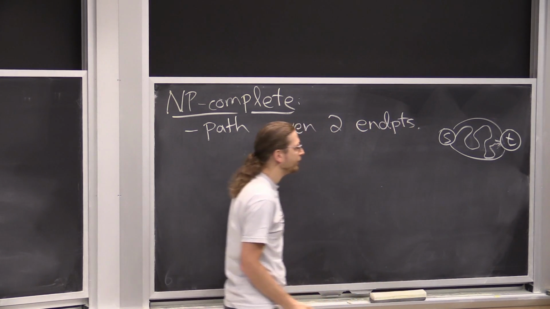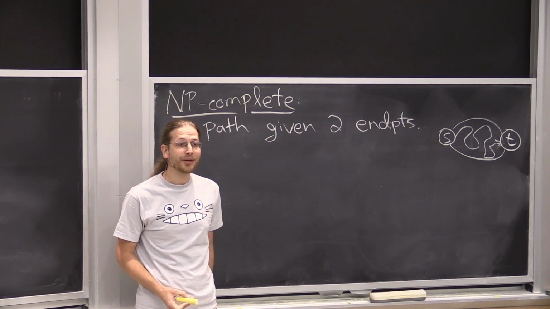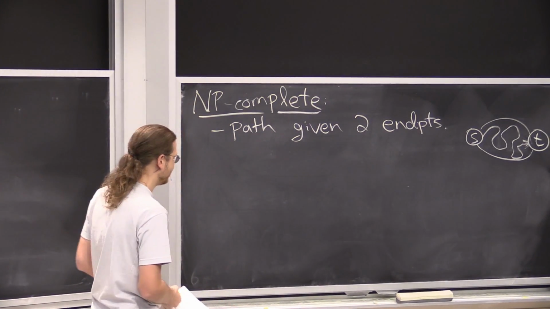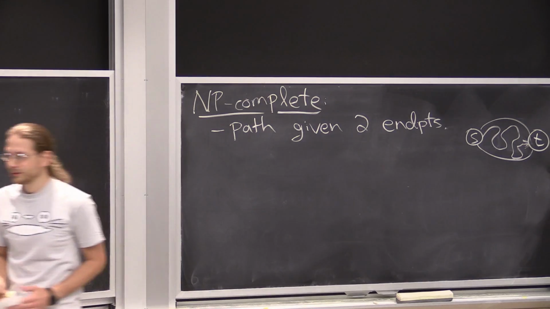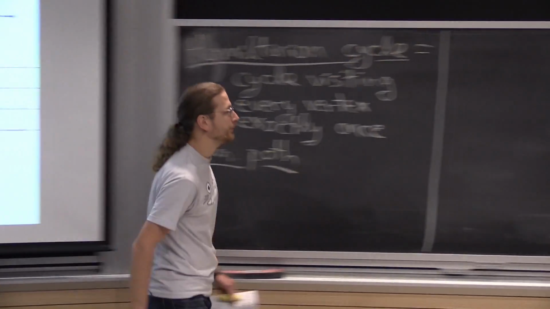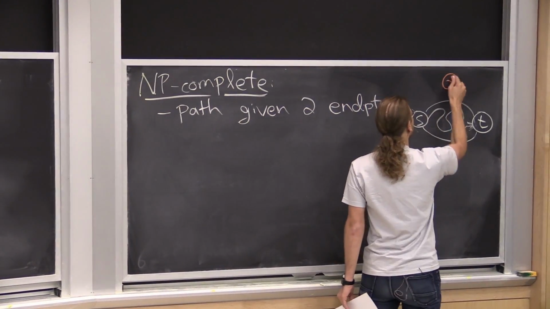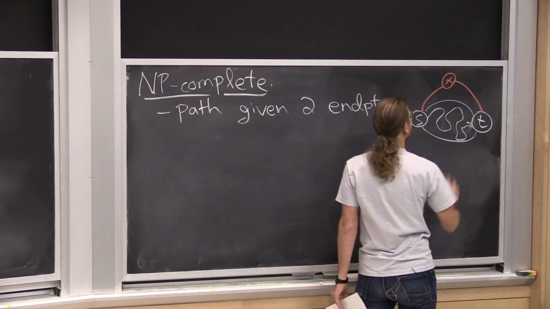This is NP-hard by reduction from Hamiltonian cycle. Tell me what to do. You add a new node which has connection to S and T and to nothing else. So we'll add this new node X, connected to S and T.